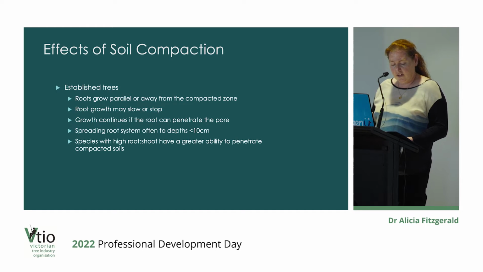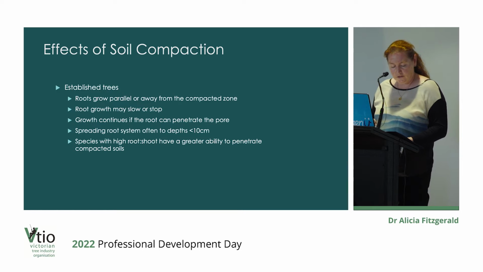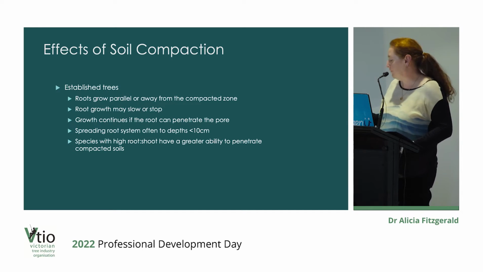And this can result in increased branching and radial thickening of the roots, which can then exert a greater force through that compacted soil. Trees growing in compacted soil tend to have a spreading root system and often less than 10 centimetres deep. Species with high root-shoot ratios have greater ability to penetrate the compacted soil.